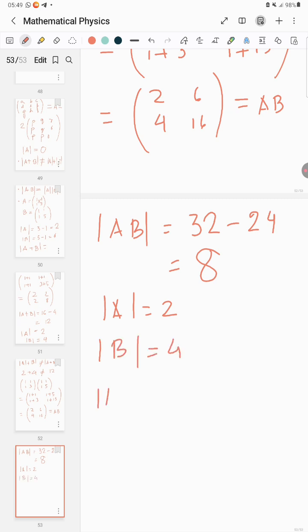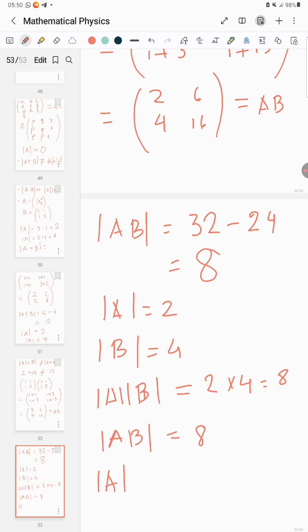So if we multiply determinant of A with that of B, it comes out to be 2 into 4 is equal to 8. And also determinant of AB is equal to 8. So we prove the fact that determinant of A into determinant of B is equal to determinant of AB. Alright.